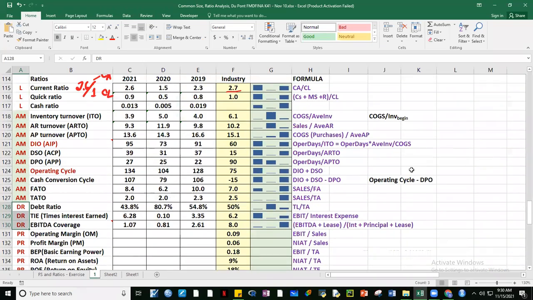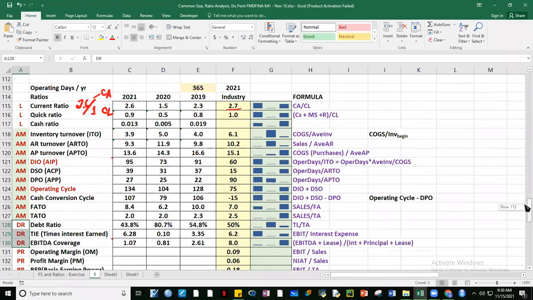Okay, so last time, guys, we looked at liquidity, and we're saying that liquidity, for example, current ratio, tells us of the capability of the firm to pay its current obligations using the formula current assets over current liabilities. So 2.6 here means that for every 1 peso of current liabilities, the company has 2.6 pesos of current assets to pay its current obligations.